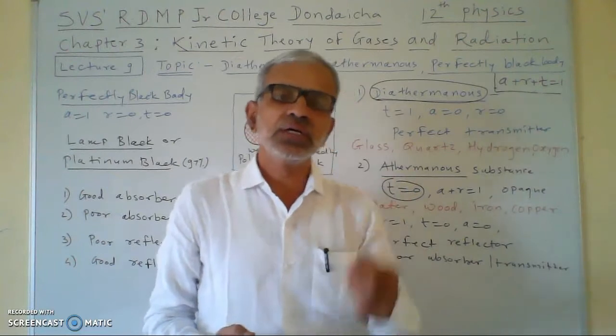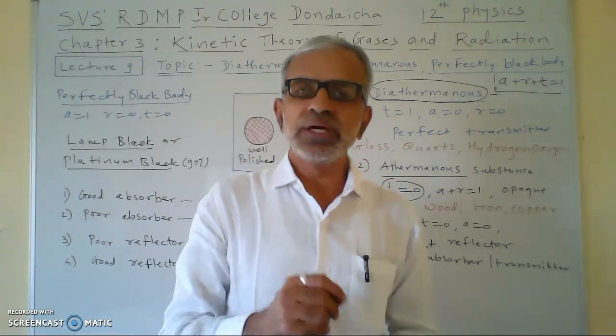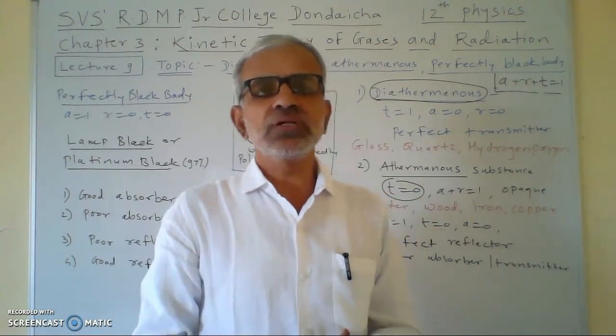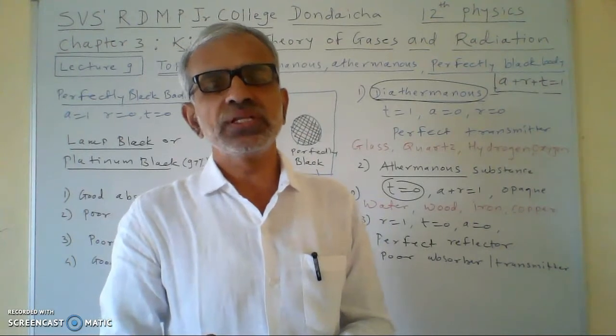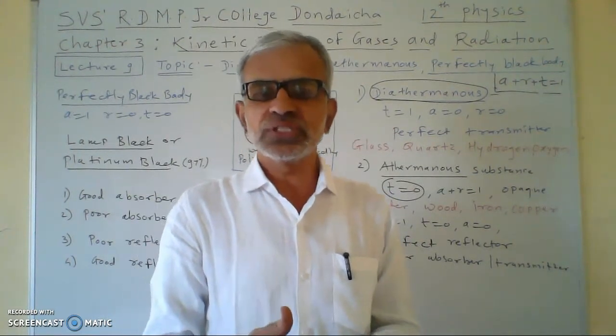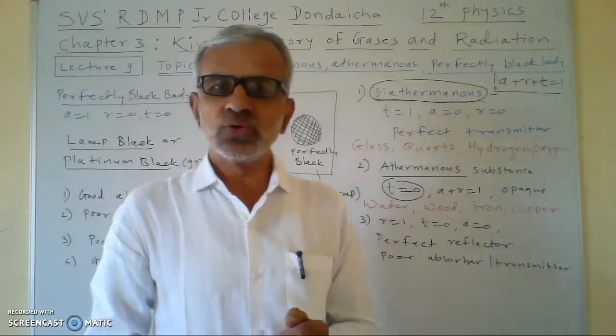Means there is absorption and there is reflection in an athermanous substance, and there may be less absorption, more reflection, or more absorption, less reflection, and therefore A plus R is equal to 1.